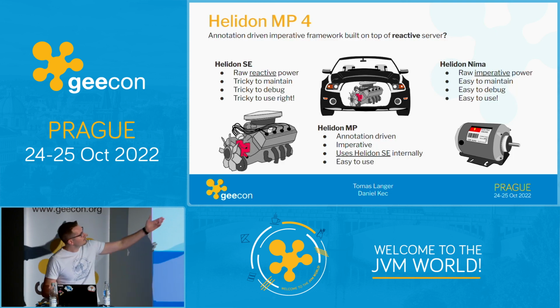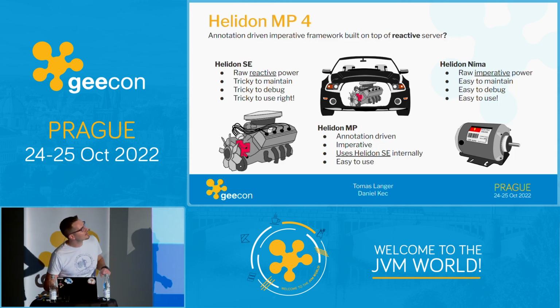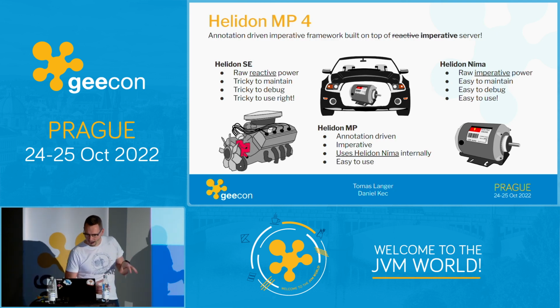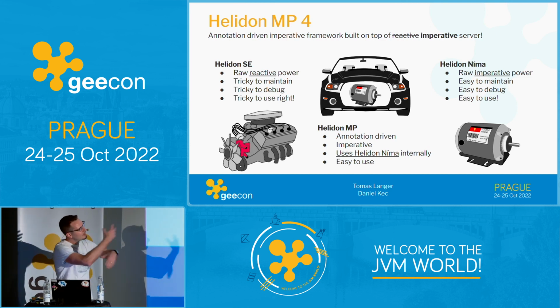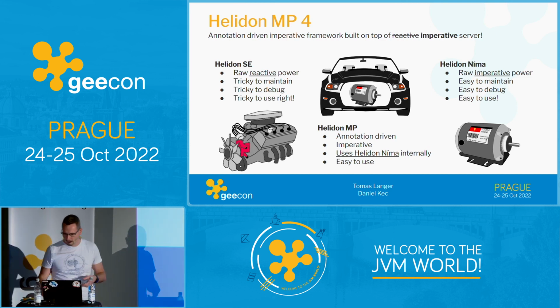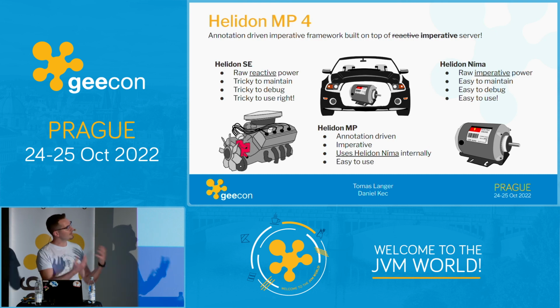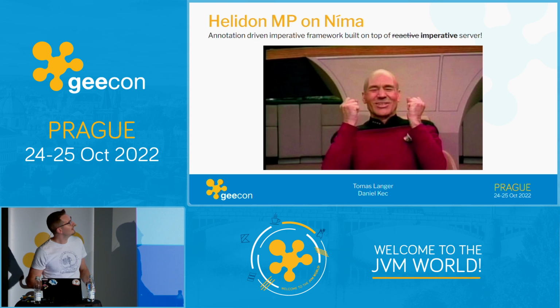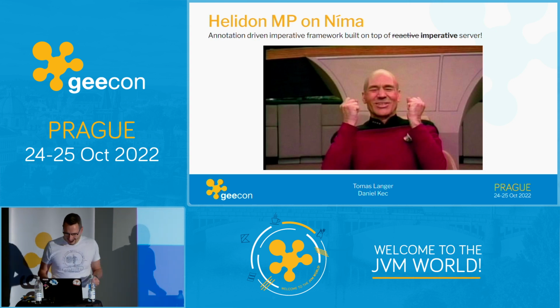But now we have the Helidon Nima, and it's also imperative. So everything is just somehow getting together nicely. You know, it fits much better because all that complicated abstraction, how to offload your work to another physical thread, and all the performance you lose on that just gets out of the way, and it just works nicely.